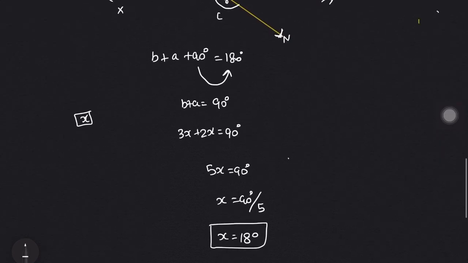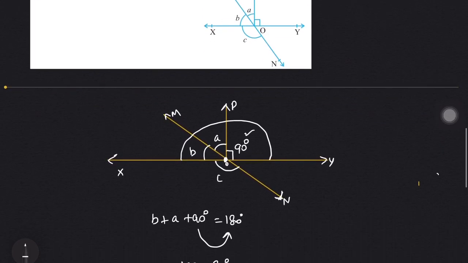Then just replacing the values here. b is 3 times x, that means 3 times 18 is equal to 54 degrees. Then a value is 2 times 18, so 36 degrees. So compare angle b and angle YON, which is a vertically opposite angle.